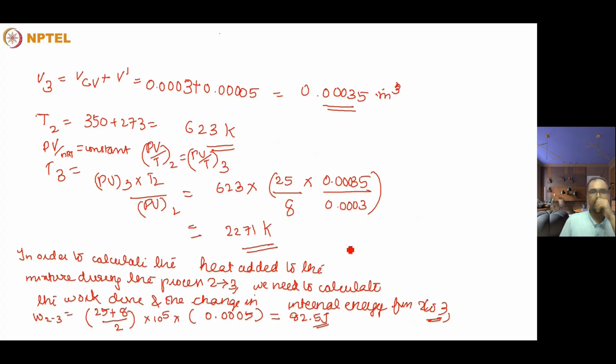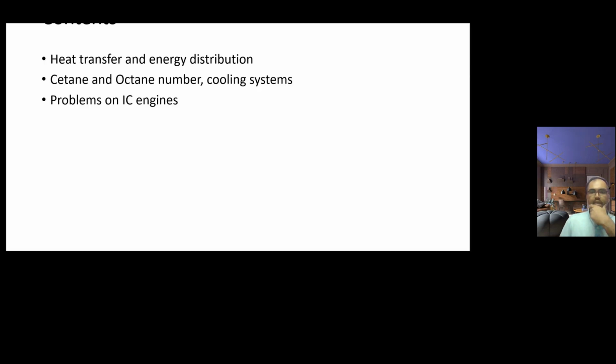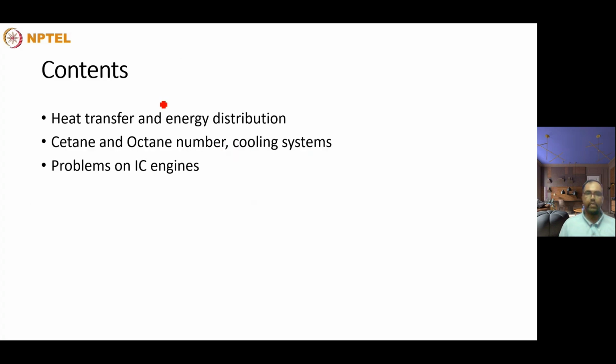These are the basic questions which we have discussed in this lecture, the previous 2 hours, and we mainly discussed a few multiple choice questions regarding the heat transfer and energy distribution, and a few problems on octane number, cooling system, and a lot of numerical type problems on IC engines regarding the various types of brake efficiencies, brake thermal efficiency, indicated thermal efficiency, as well as different mean effective pressures.